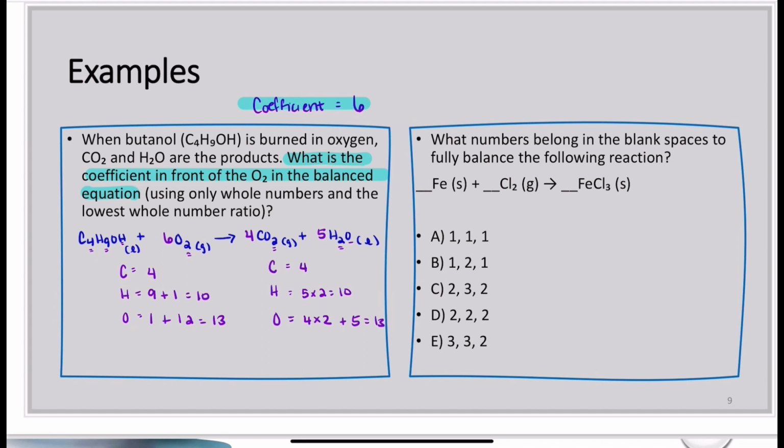Okay, let's do this last problem. What numbers belong in the blank spaces to fully balance the following reaction? We've got Fe solid reacting with Cl2 gas to produce FeCl3 solid. So iron solid, chlorine gas, remember chlorine is one of your diatomics, forming iron 3 chloride. Remember your diatomics.